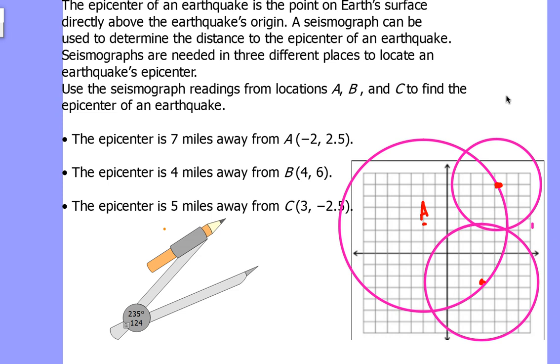That's where we're going to end up finding our epicenter. In this case, it's roughly at about 1, 2, 3, 4, 5, and 2. So we're going to roughly have it at about 5, 2.